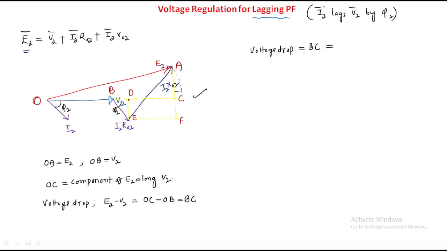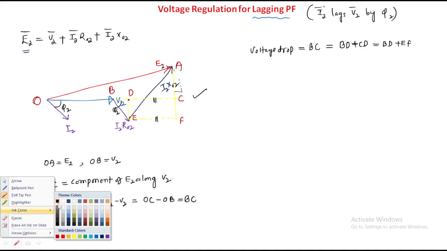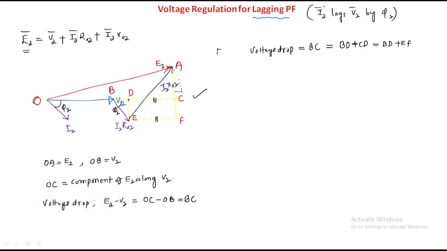BC is nothing but BD plus DC. BD plus CD. And from this, CD should be equal to EF, this magnitude and this magnitude are equal. Therefore, BD plus CD is equal to BD plus EF. Clear? Therefore, E2 minus V2 is equal to the voltage drop.